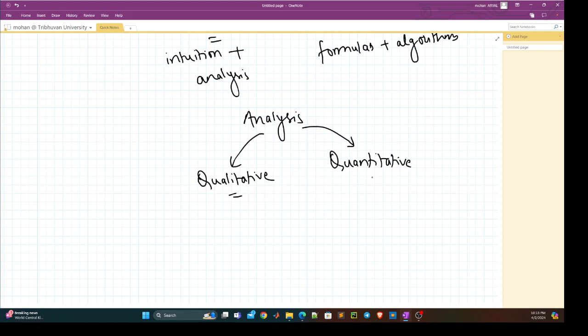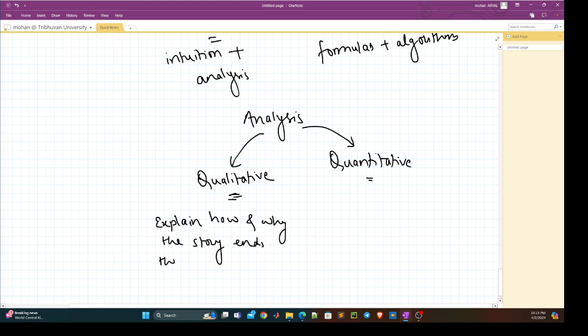And in qualitative analysis, which means the study of the past, we will explain how and why the story ends the way it did, and in quantitative we will use the data, of course, plus how the sales decreased last summer.